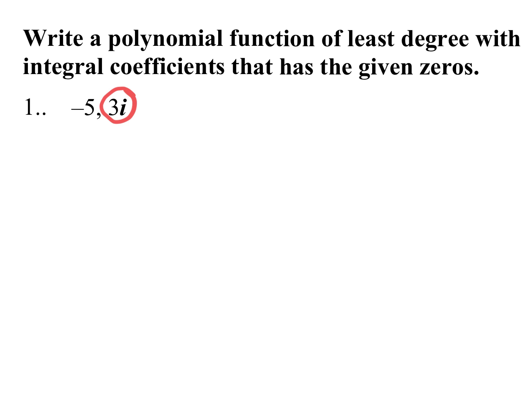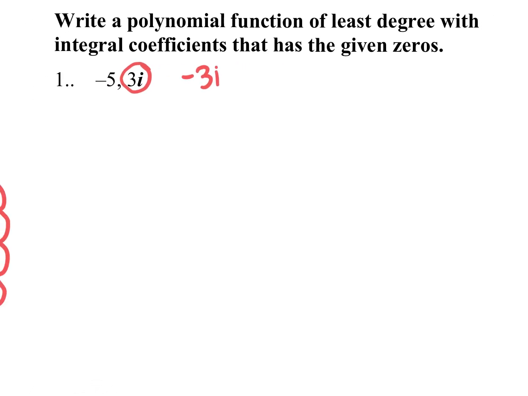So if 3i is an answer, then negative 3i is also an answer. Okay, that's what the complex conjugate theorem says. If negative 7i is an answer, then also positive 7i is an answer. Make sense?